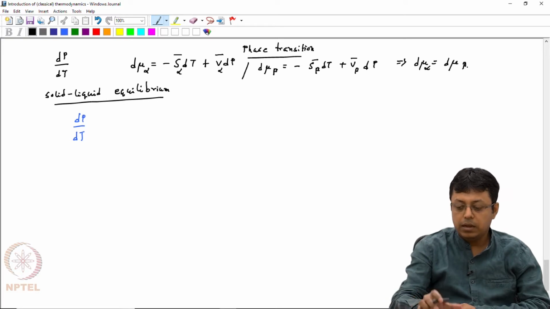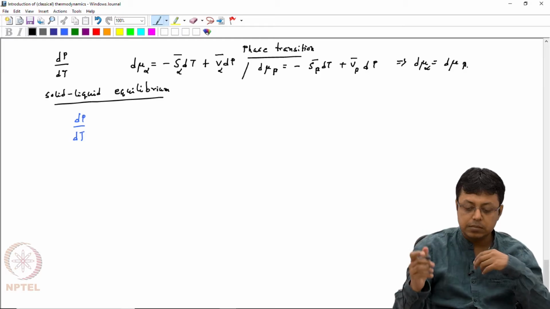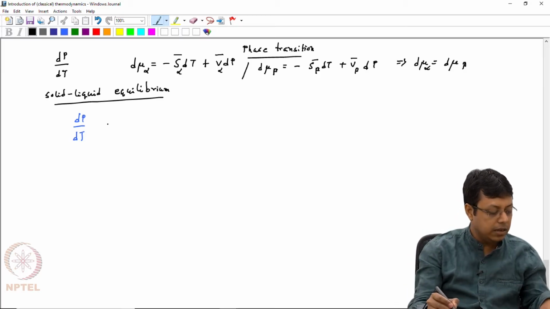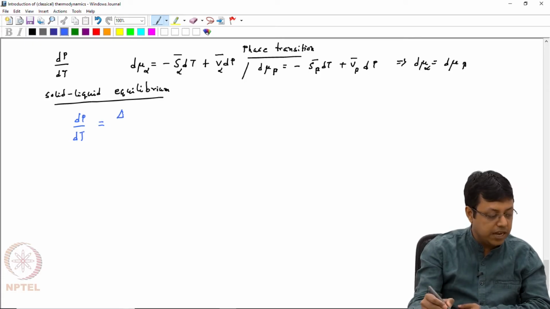You can equate these two equations and collect the dP terms and the dT terms, and then dP/dT is nothing but the change in the molar entropy, S bar, divided by the change in the molar volume.